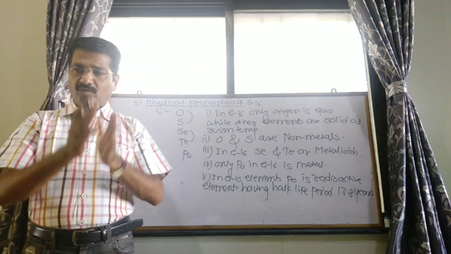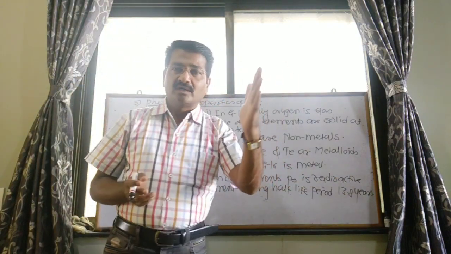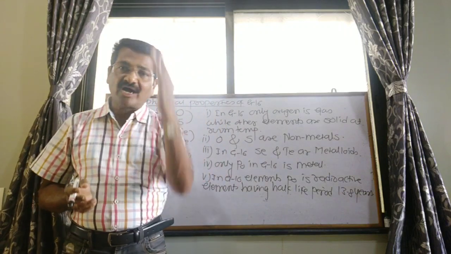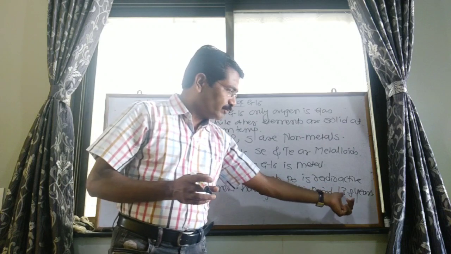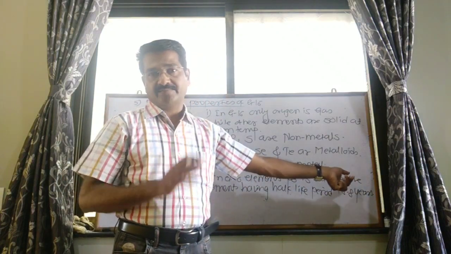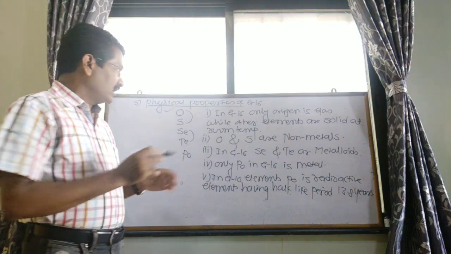The half-life period of polonium is 13.8 years. Means the polonium disintegrates to half in that time period. So it is the only radioactive element.